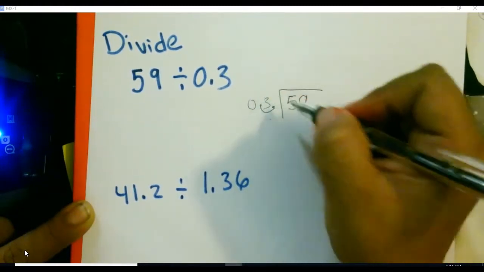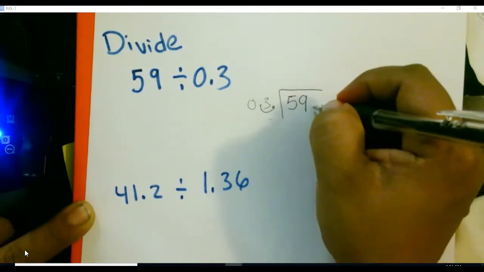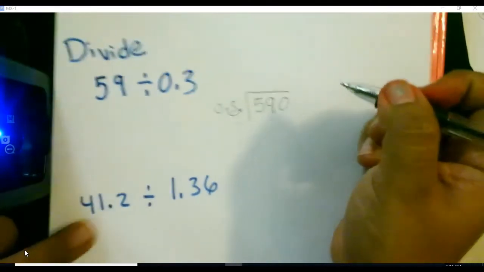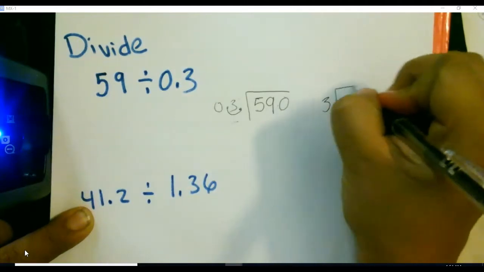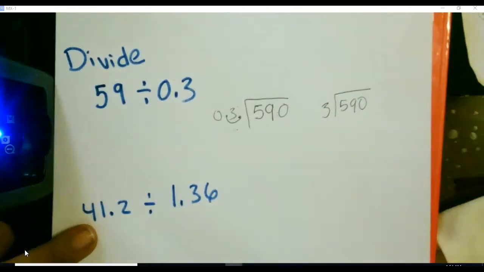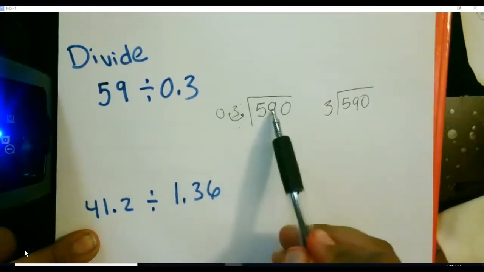So if I multiply the divisor by 10, I need to multiply the dividend by 10. So 59 times 10 equals 590. I'm going to rewrite it just so that it's cleaner. So our new problem is 590 divided by 3. Okay? So I got rid of the decimal point by multiplying both by 10.